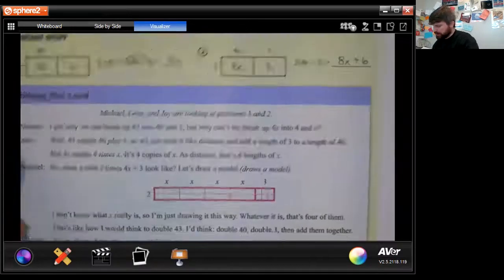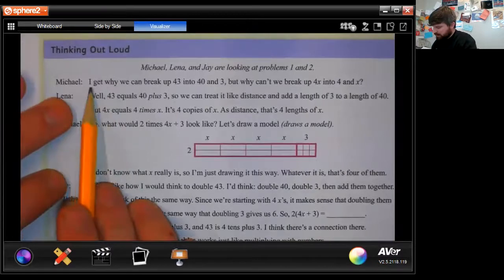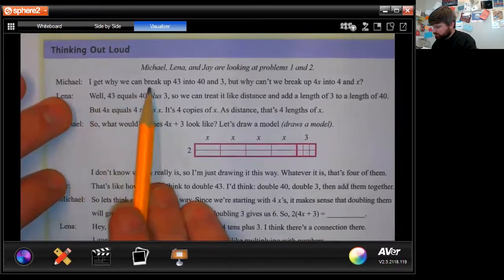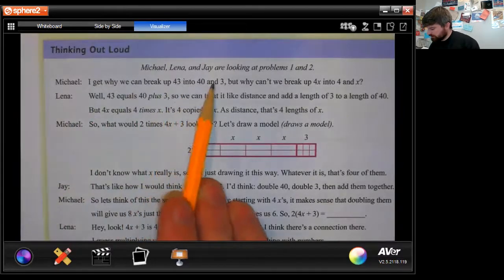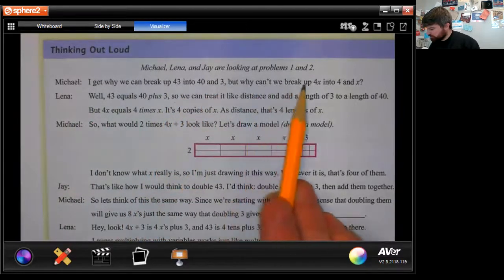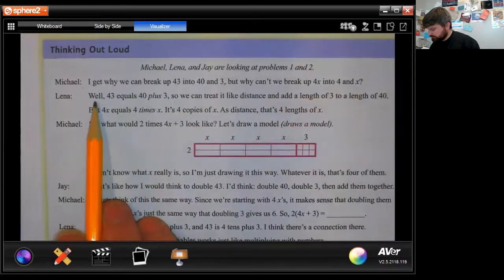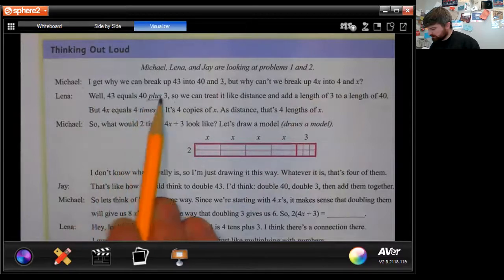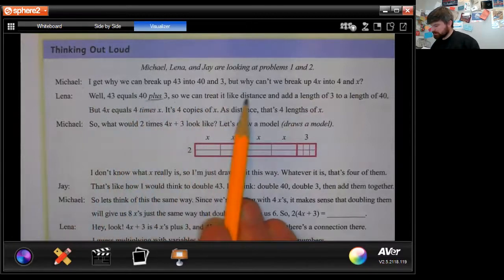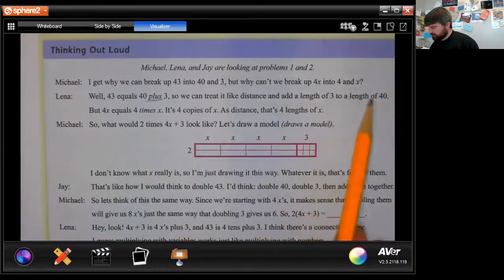All right, think out loud with this dialogue here. Michael, I get why we can break up 43 into 40 and 3, but why can't we break up 4x into 4 and x? Well, 43 equals 40 plus 3, so we can treat it like a distance and add the length of 3 to the length of 40.